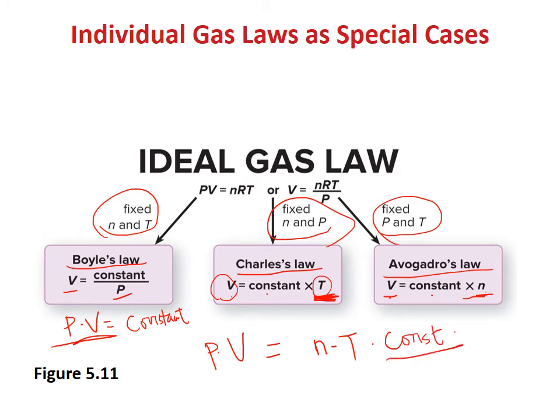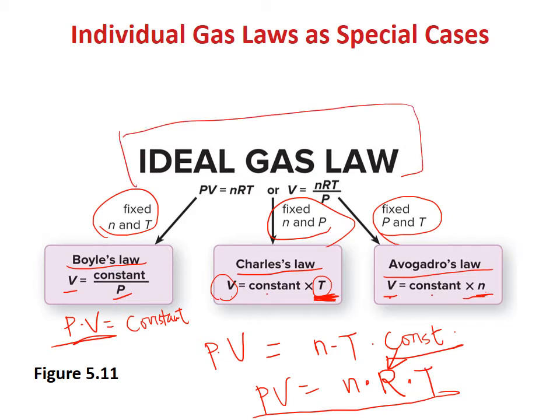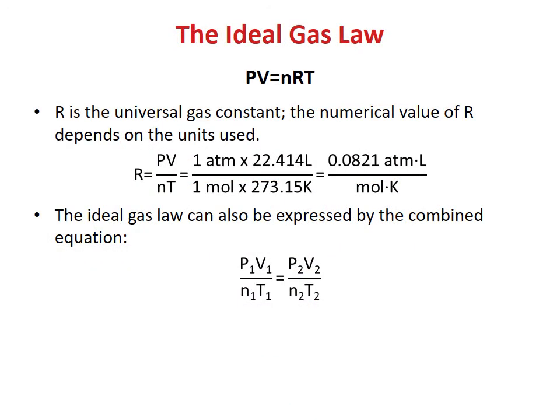The constant we usually call R, the gas constant, so PV equals n times R times T. This equation connects all 4 variables: pressure, volume, temperature, and number of moles, and this is called the ideal gas law. In the ideal gas law, PV equals nRT.